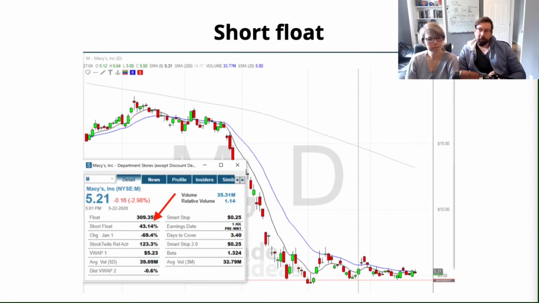So what that means is that there's so many people out there that the only way they can get out of their position is to buy. Right? We've also talked about short squeezes. Right, but I have a question. So if 43% is short, does that automatically mean the other 60 is long, or they're just not doing anything with them?